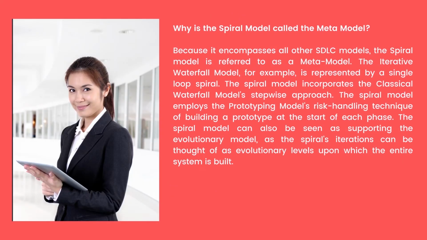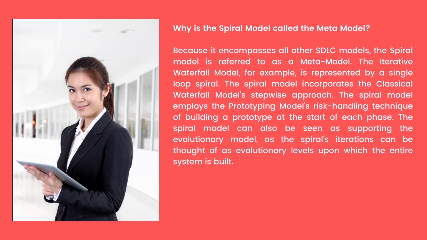Why is the spiral model called the meta model? Because it encompasses all other SDLC models, the spiral model is referred to as a meta model. The iterative waterfall model, for example, is represented by a single loop spiral. The spiral model incorporates the classical waterfall model as stepwise approach.